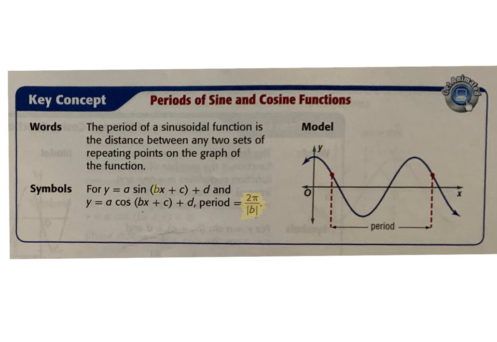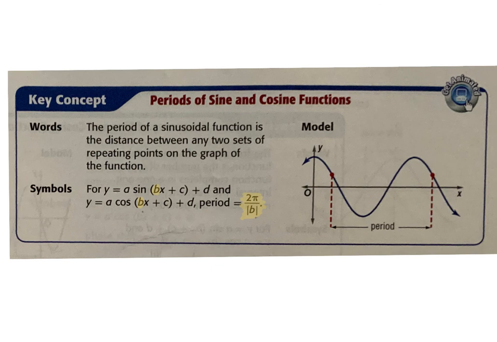B is the number in front of the x inside your function. So amplitude is a. That is the number outside of your function in front of it. B is the number in front of your x or your theta inside the function. All right? So your period is going to be 2 pi divided by the absolute value of b.